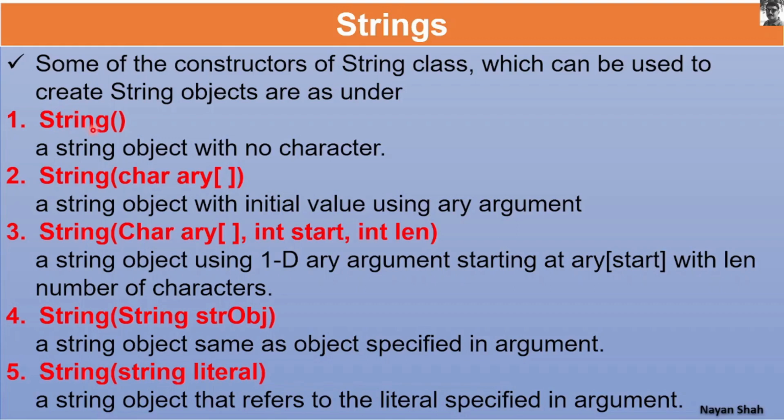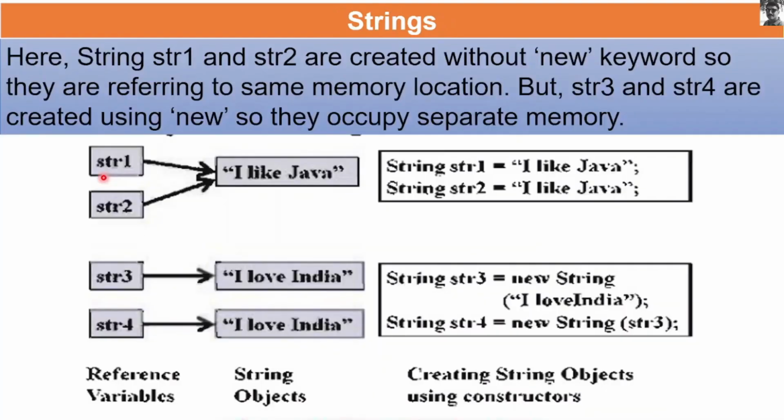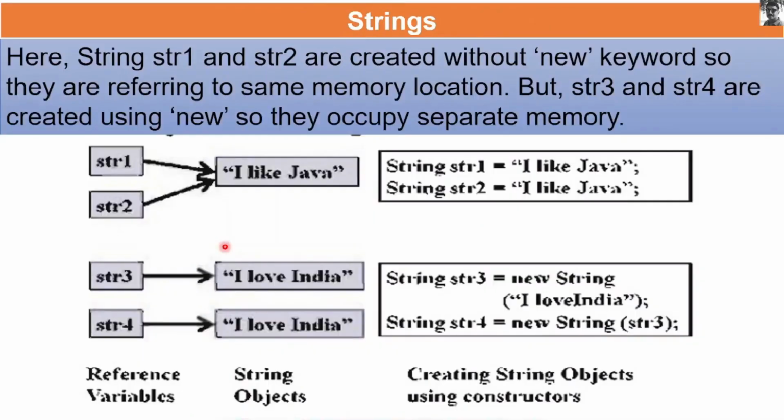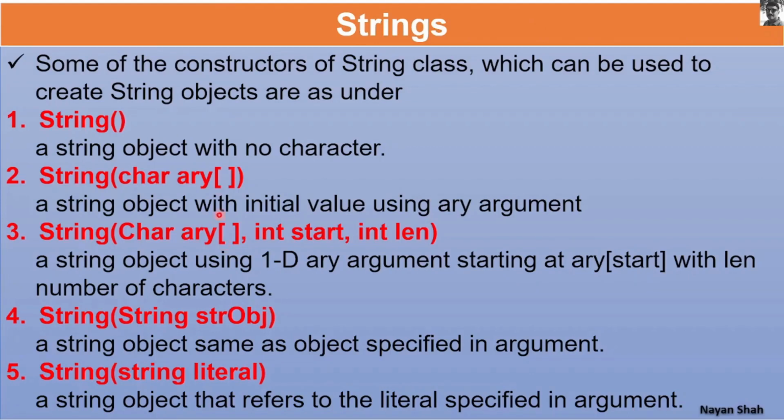The second difference is that a constructor method does not have any return type written before it. Till now we have seen many methods. Suppose I take you to any program, suppose this program, then here display is a method, so you can see that static void is written before it. Here main is a method, so you can see public static void is written. So every method in a Java program will have its return type written before the name of the method.